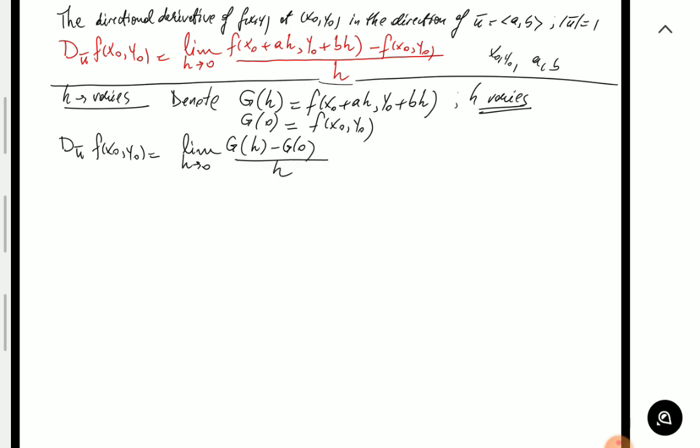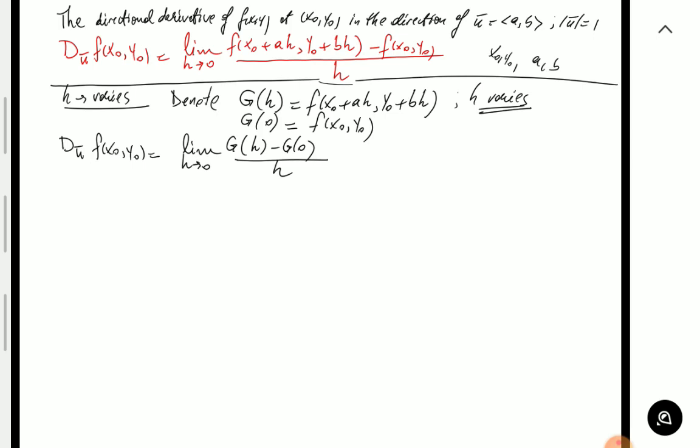So at this point, I usually ask the class to answer the question, and you should pause the video and ask yourself the question. According to the definition of the derivative of a function of a single variable from calculus 1, g of h, what would this limit represent? This is a difference quotient on its own, right? But what does it mean as a single variable function from calc 1?